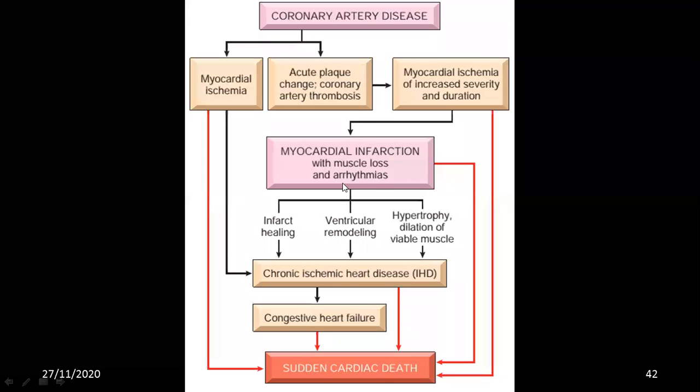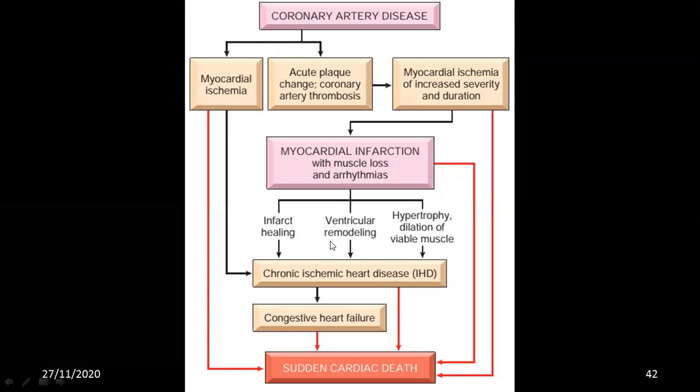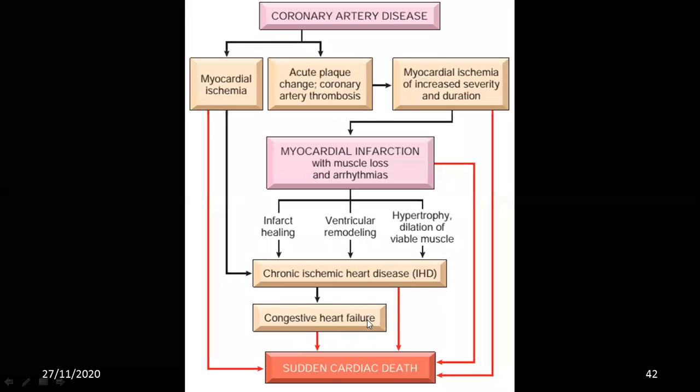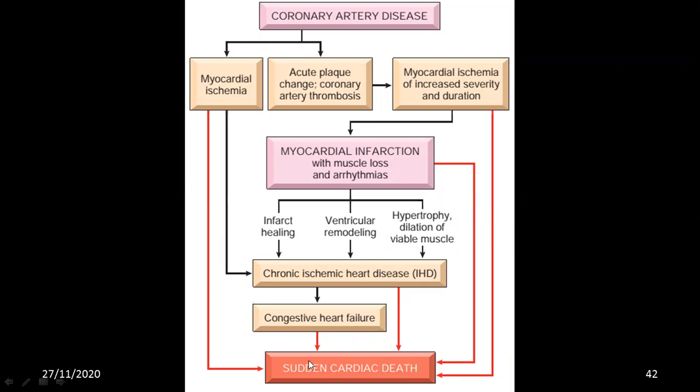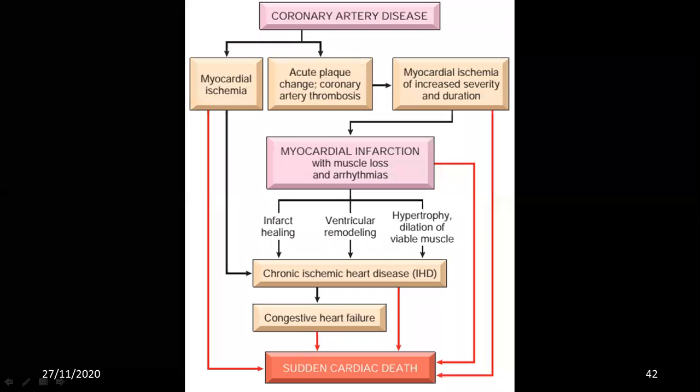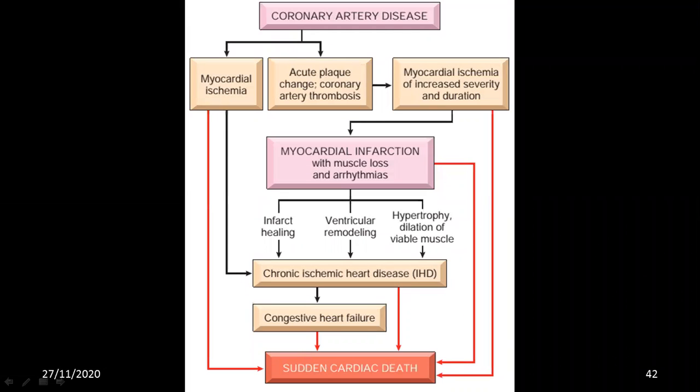But if that person survives, then healing, ventricular remodeling, hypertrophy, dilatation, viable muscle, etc. can happen, and may turn into chronic ischemic heart disease. And from that chronic ischemic heart disease, somebody can die suddenly. If that person develops congestive heart failure, this can also lead to sudden cardiac death. So this is in summary what we have discussed so far.